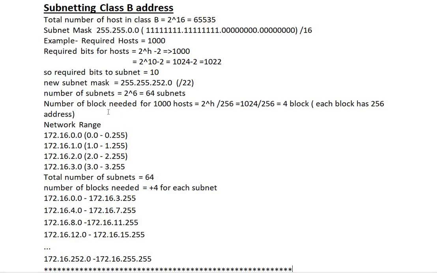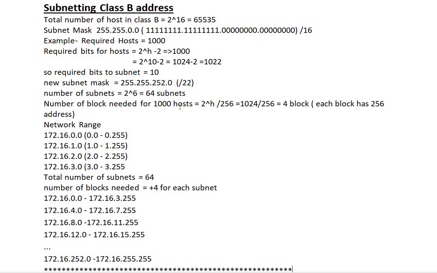Up to this point it is the same as a Class C address, but what we need to do extra here is find the block, how many blocks are needed to represent these 1000 hosts. If one octet can have a maximum of 254 hosts, then below that there is no problem, but if it is more, it will not fit in one block. So we have to find out how many blocks we need.